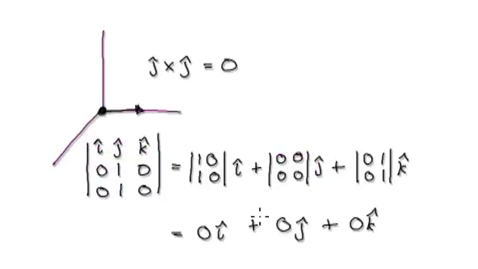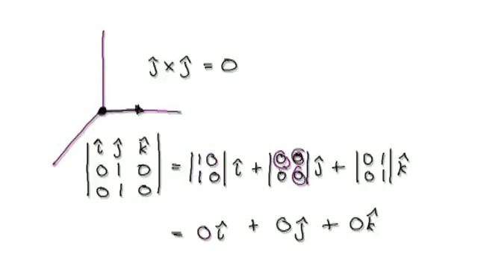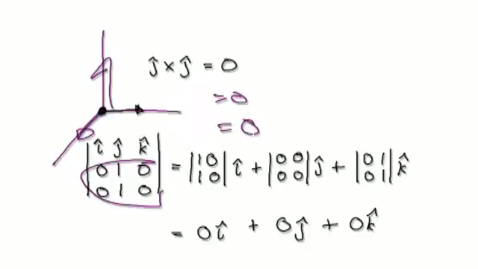Then it's this times this, which will be 0, take away this times this, which will also be 0. So this thing here will be 0, and this times this, take away this times this will be 0. So J cross J will be 0. Even if you have I hat cross I hat, it will be 0. K hat cross K hat, follow through the same process, it will still be 0.